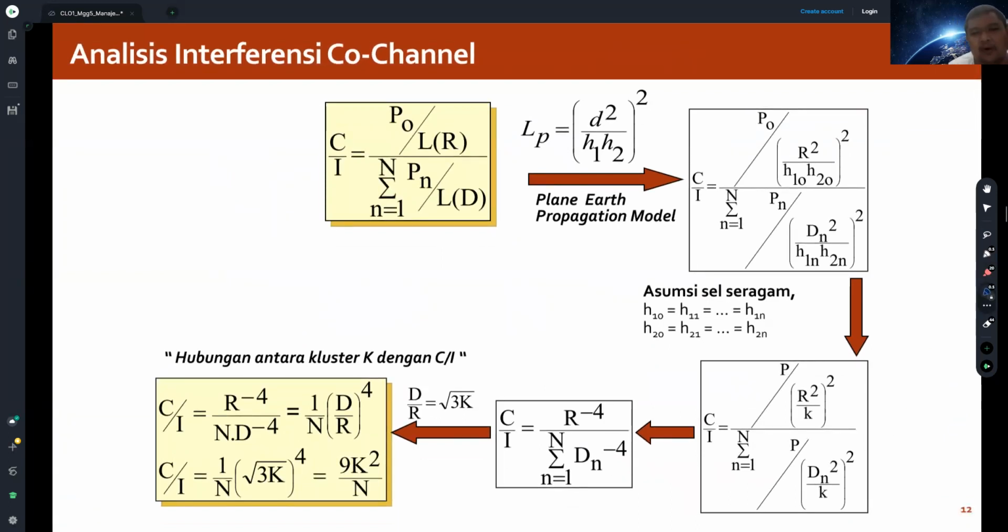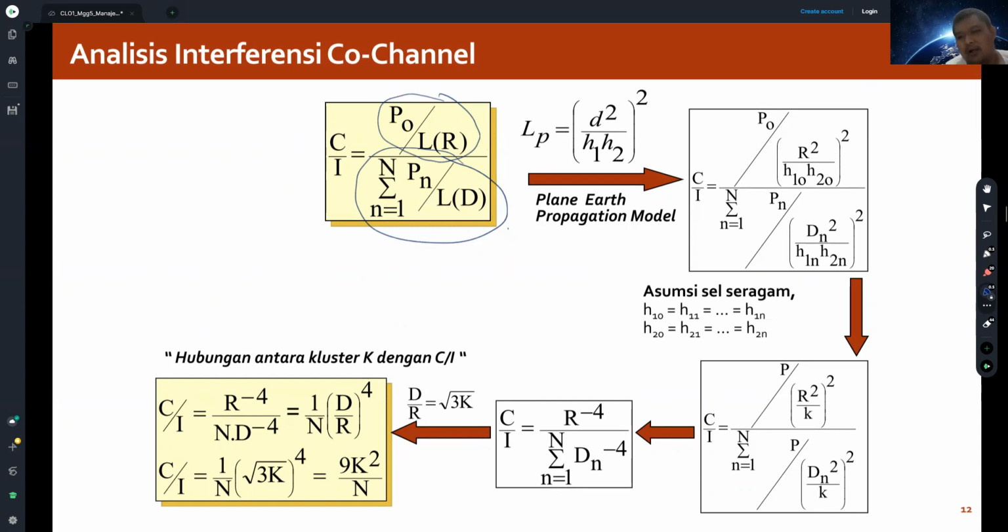We already know that the power of the C2I will be equal to the ratio between power and loss in the initial tower divided by the ratio of the total interfering power, right? So if we are using the two-ray model, we could put in all of this information: P divided by L, while the loss L itself is equal to the two-ray model, R power of 2 divided by H transmitter times H receiver power 2.